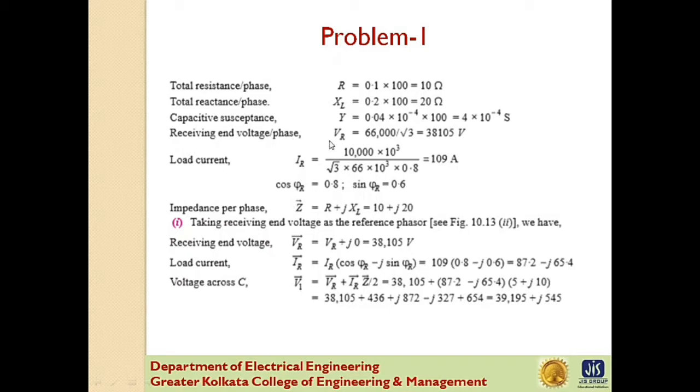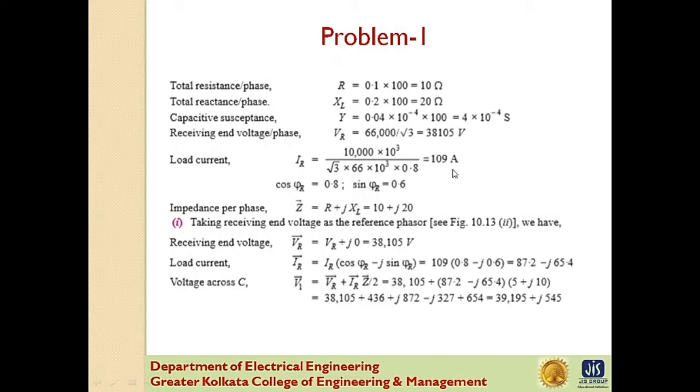Receiving end voltage per phase VR equals 66,000 by root 3, this is equal to 38105 volt, and load current IR equals power by root 3 into voltage into power factor. By putting the value of power, that is 10,000 kilowatt, voltage and power factor, and converting the power into watt and voltage into volt, we get the final value of the current as 109 ampere.